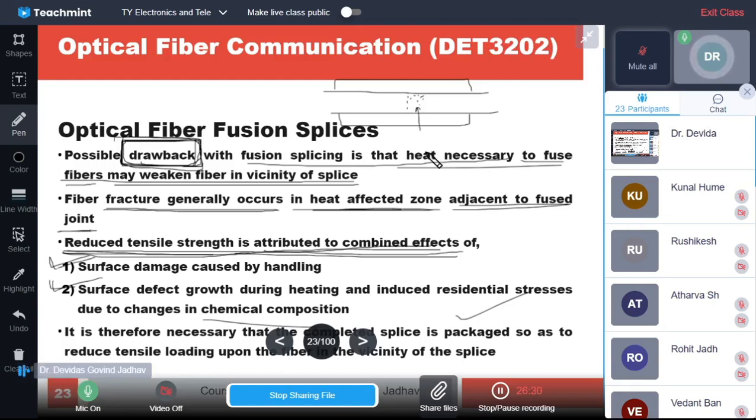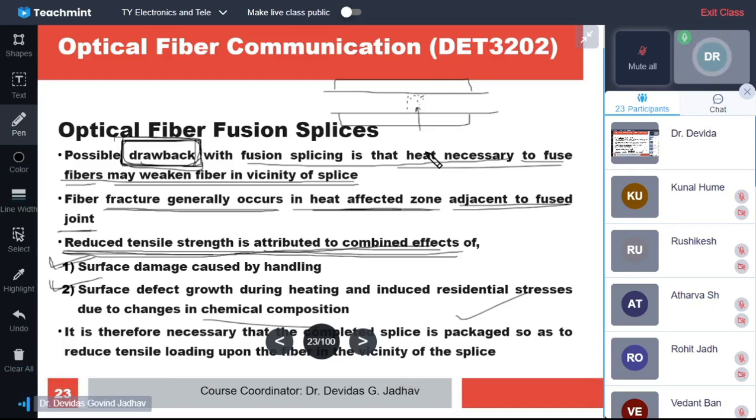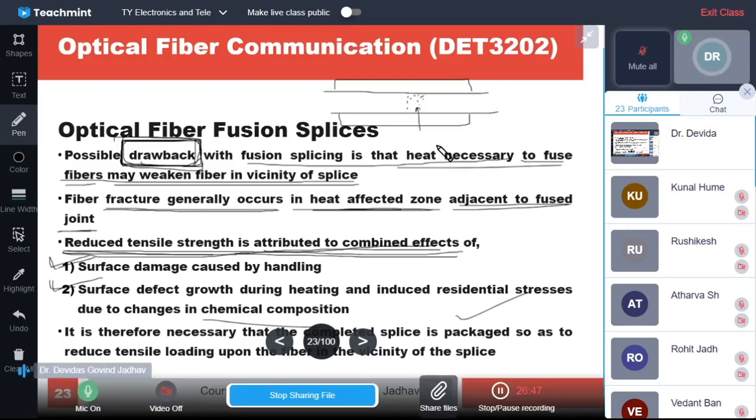Obviously that fluctuation will create scattering, which is a different issue. But the chemical composition changes, small irregularities and inhomogeneities will also reduce the physical strength, and to overcome that drawback, external packaging is provided.